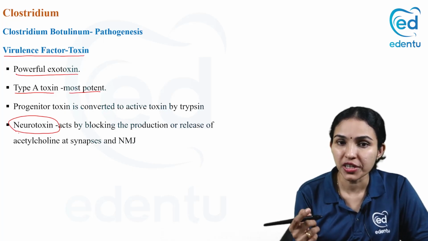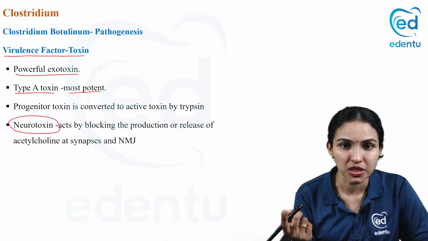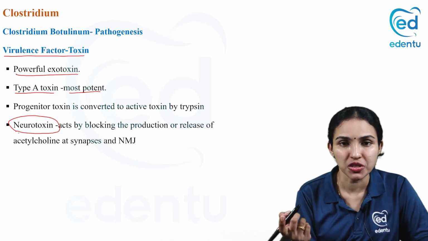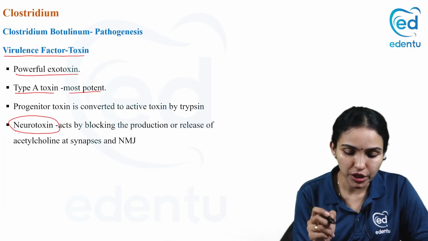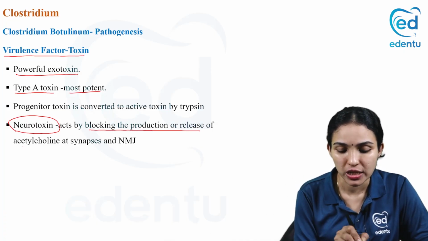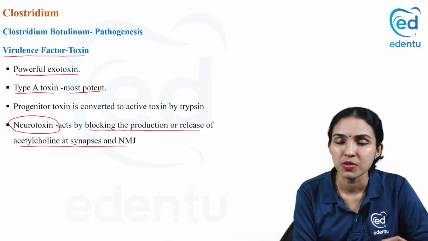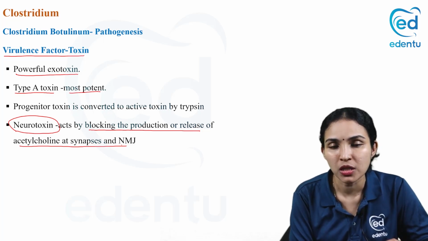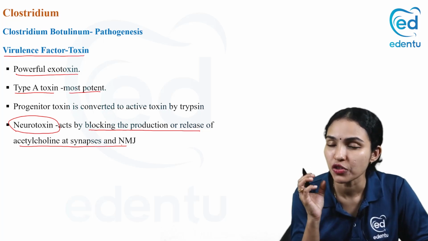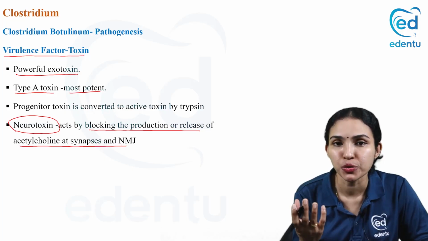Like what you saw for tetanus, where the release of the presynaptic inhibitory neurotransmitter is blocked, here the toxin blocks the release of acetylcholine at synapses and the neuromuscular junction. Acetylcholine is a very important neurotransmitter.